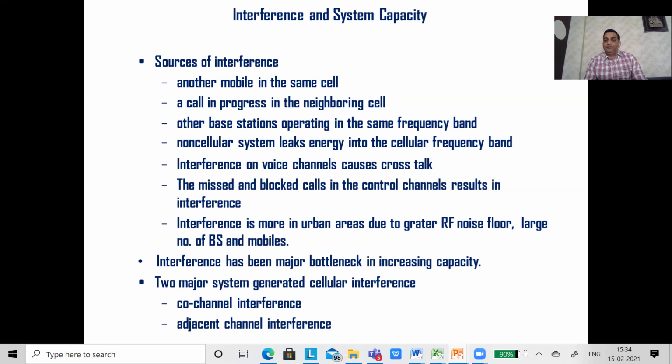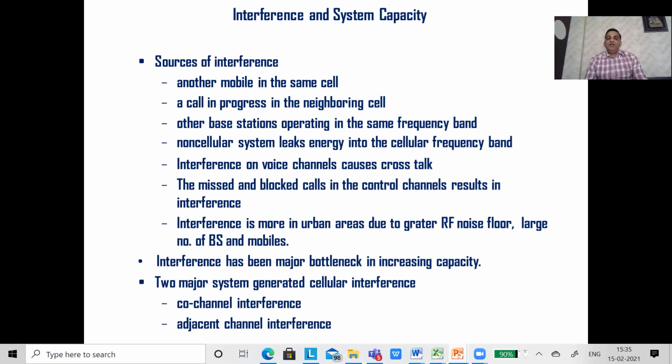The basic point we have to understand is that whatever we are studying about designing a cellular system, the designer will always try to keep interference within a tolerable limit. It should be very low. That is the main objective of designing cellular systems.